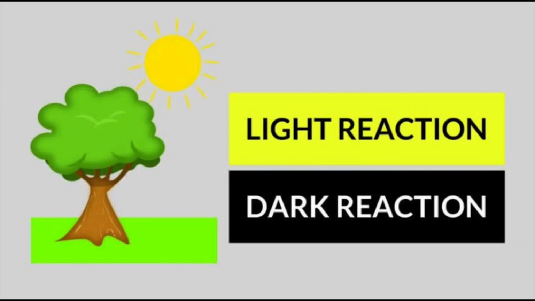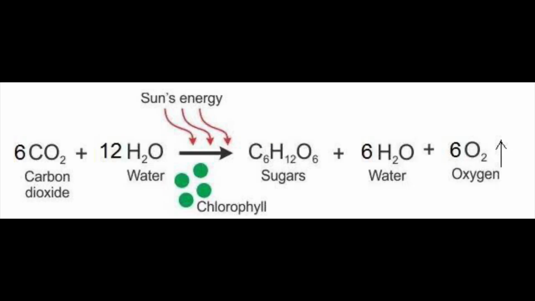But actually if we combine these two chemical reactions, light reaction and dark reaction together, the summed up equation can be written as 6CO2 plus 12H2O gives C6H12O6 plus 6O2 plus 6H2O, in the presence of chlorophyll and sunlight.